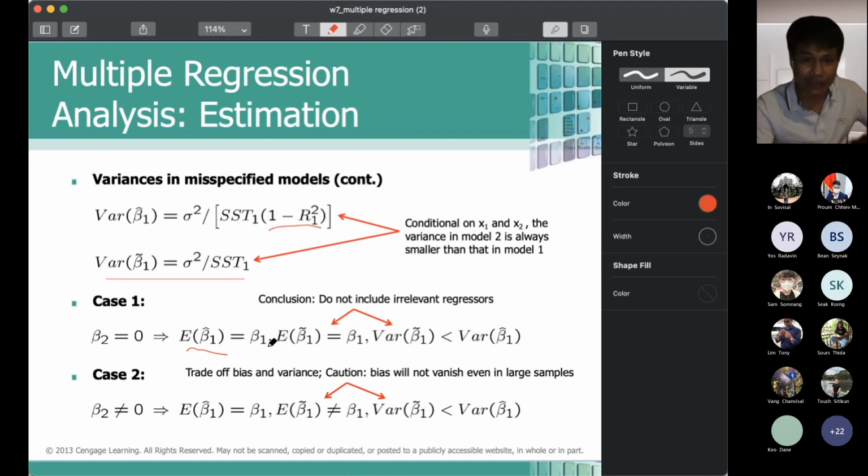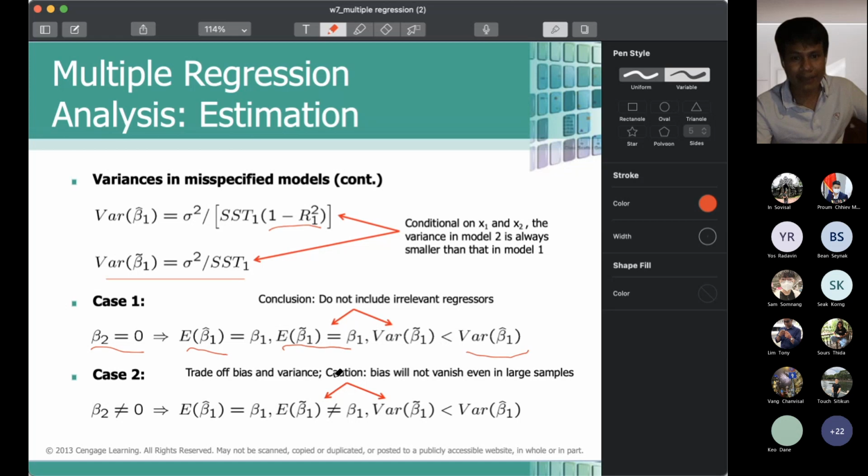If that x2 is a relevant variable and delta 2 is equal to 0, model 2 also produces a correct estimate, right? But the variance from model 1, when you include the two independent variables, you see the variance of delta 1 hat is higher than the variance of delta 1 delta, because of multicollinearity.